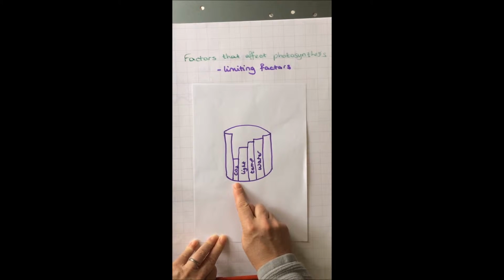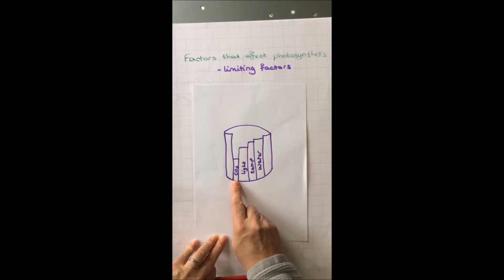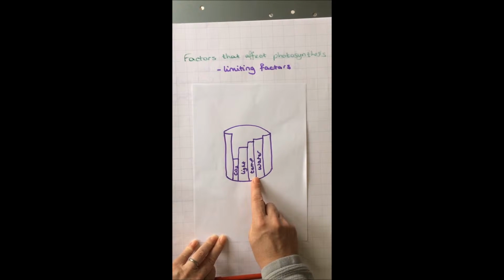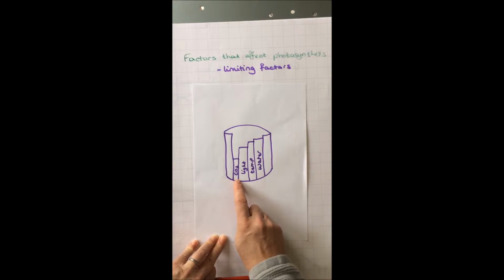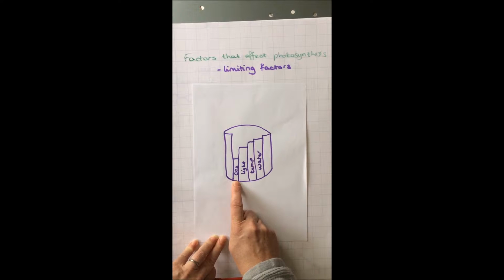Okay, so at this point here, carbon dioxide is my limiting factor. There's plenty of light, temperature's good, there's plenty of water in the environment, but I can only go this far with my reaction, and the carbon dioxide is my limiting factor.